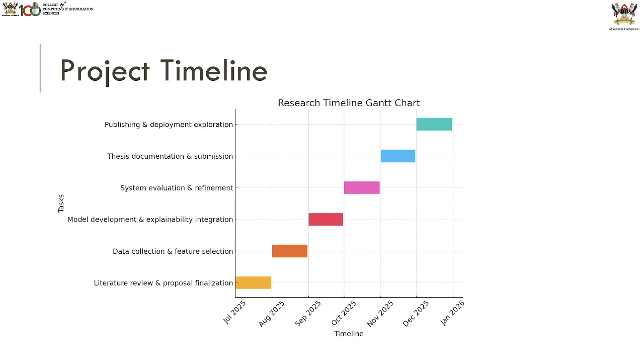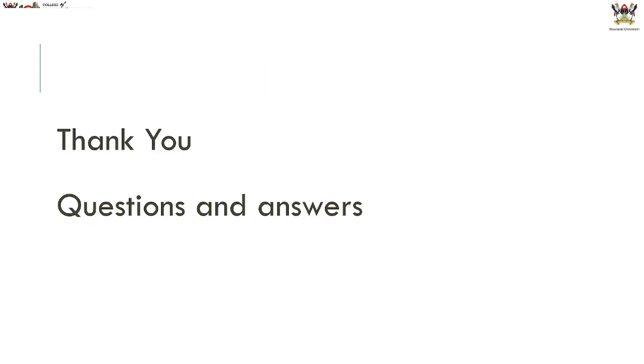By the end of October, I should have done system evaluation and refinement. By the end of November, I should have documented and submitted my thesis. Then by the end of January 2026, we should be in production, users testing, publishing. The model should have been deployed, published, and in use by the intended audience.